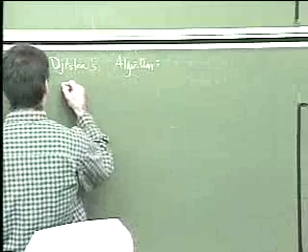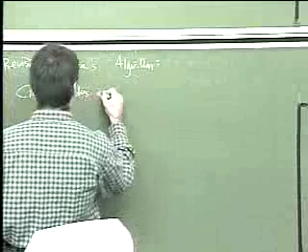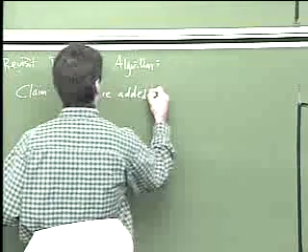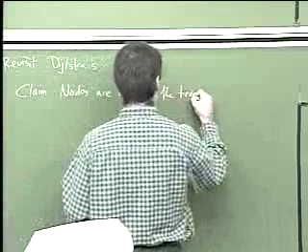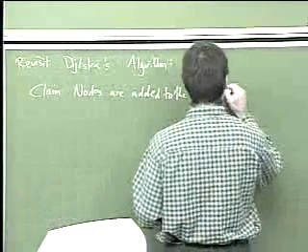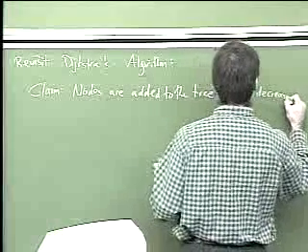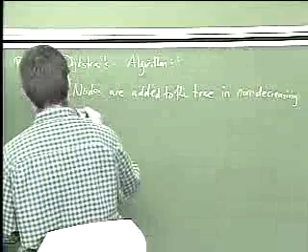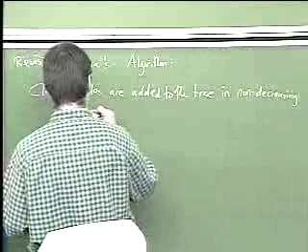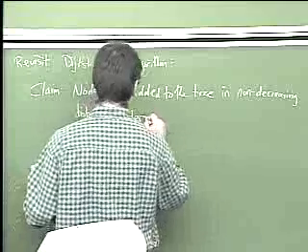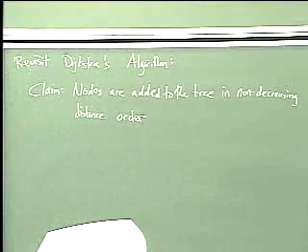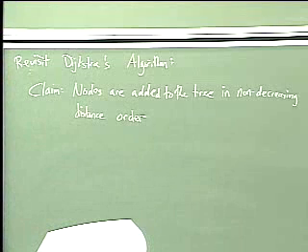Okay, so I want to make a claim about Dijkstra's algorithm. Nodes are added to the tree in non-decreasing distance order, meaning every time I add another node, it's no closer than a node that was added previously.